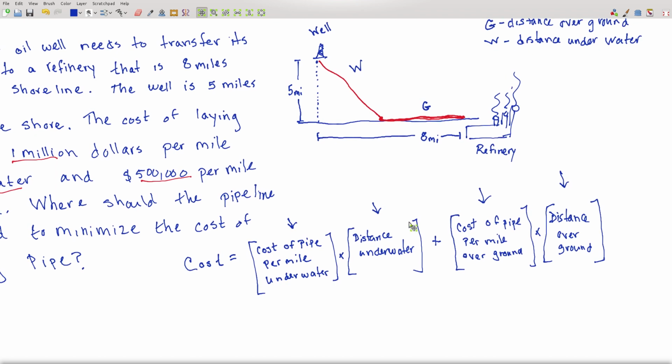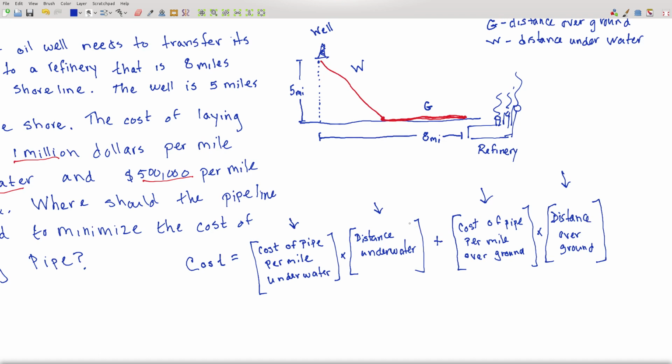And in order to make some of the math easier, I'm going to switch from using units of dollars to using units of $100,000. Okay, so see, $1 million is the same as 10 units of $100,000, right?